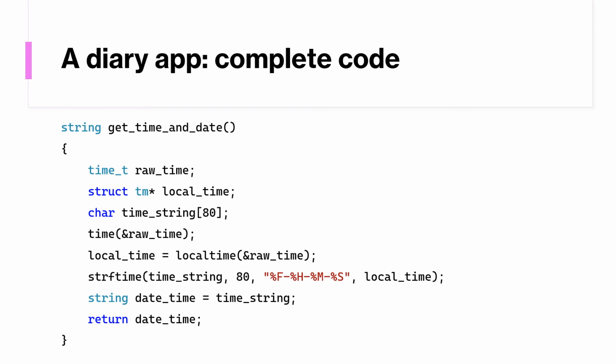We have to pass raw time to the time function and then pass it again to localtime to convert it to our time zone. And then finally there's strftime. Str means string in the standard C library. String format time lets you print the time as a string. Then I just return that time string to the program that calls this function.